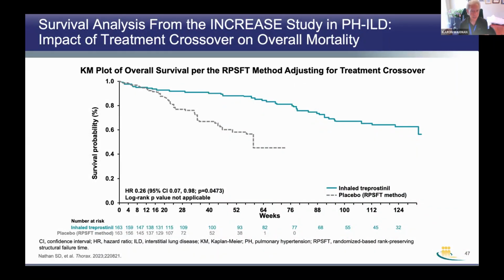The factor may be interpreted as the increase or decrease in survival by taking the active treatment compared to the control treatment. And once established, the survival duration of patients is reconstructed and recensored as if they had never received the active compound. And this just emphasizes the survival benefit for those patients who were on inhaled treprostinil versus placebo.